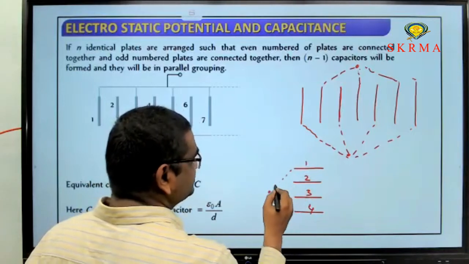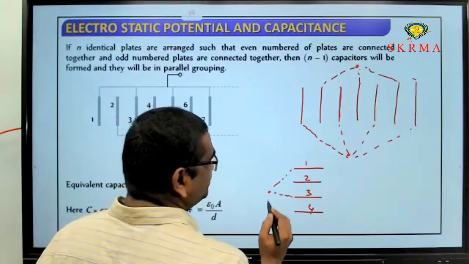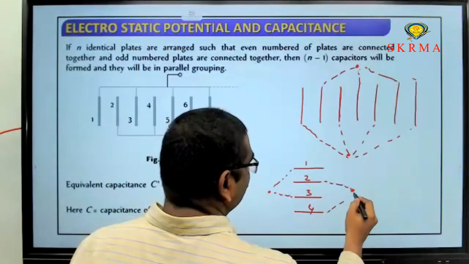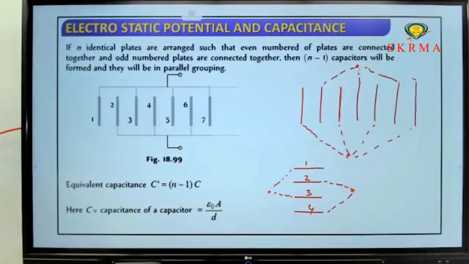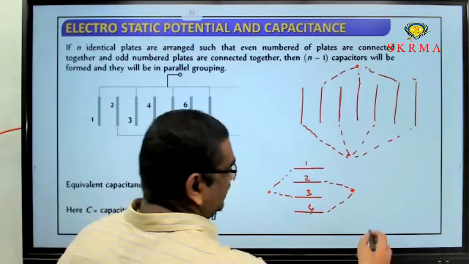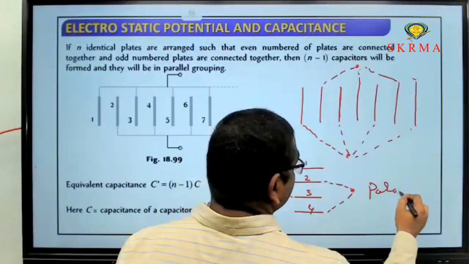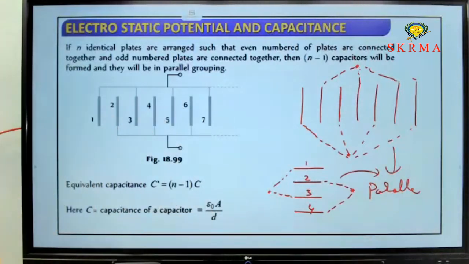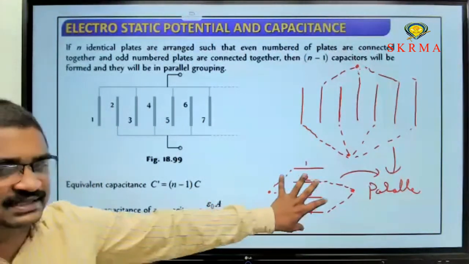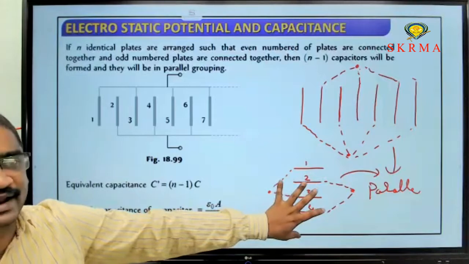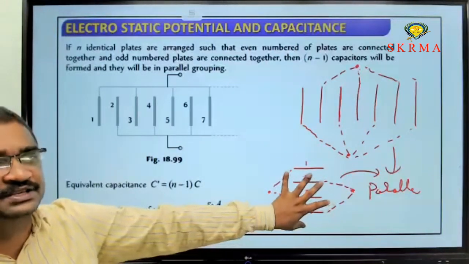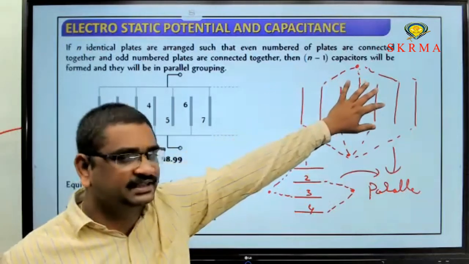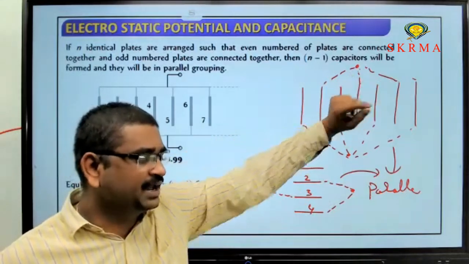The first plate and third plate are connected on this side, and the second plate and fourth plate are connected on the other side. So we need to take this as parallel, this one also parallel combination, and this one also parallel combination. Is this clear? This should be parallel. Or if it is like this also, that is also a parallel combination.